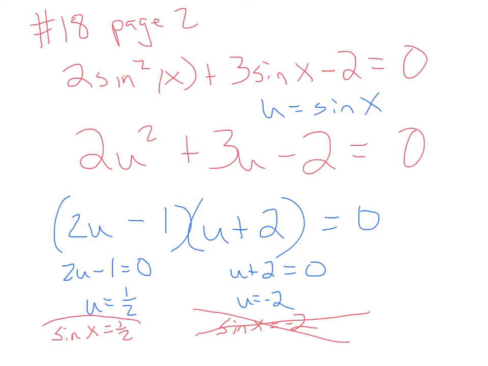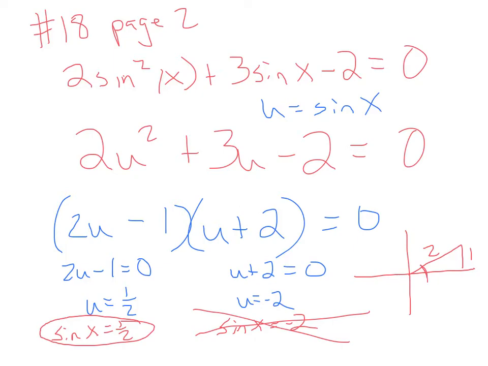So we need to ask ourselves, where does sine of x equal 1/2? Sine is opposite over hypotenuse. So we're looking for some sort of scenario where we have opposite over hypotenuse.